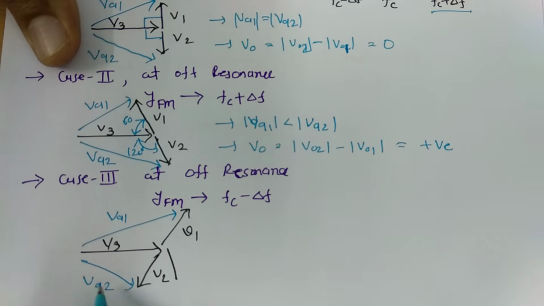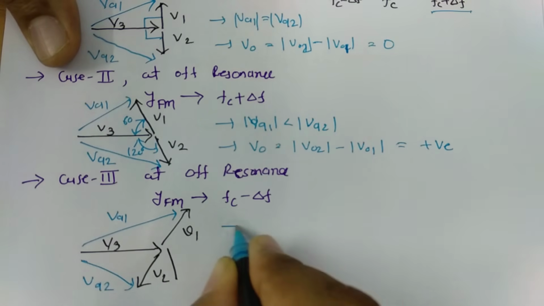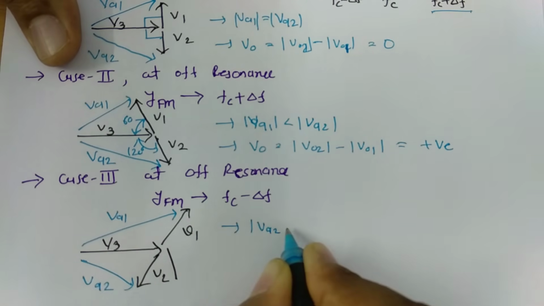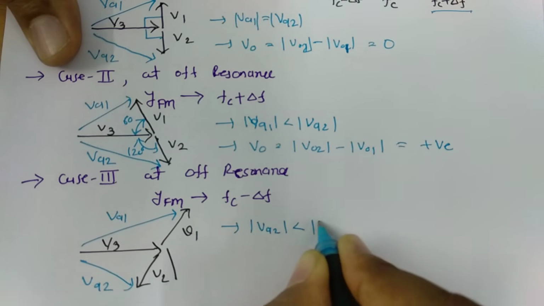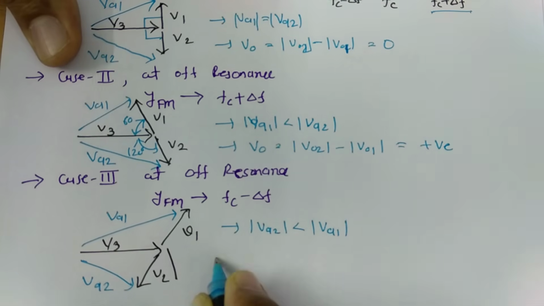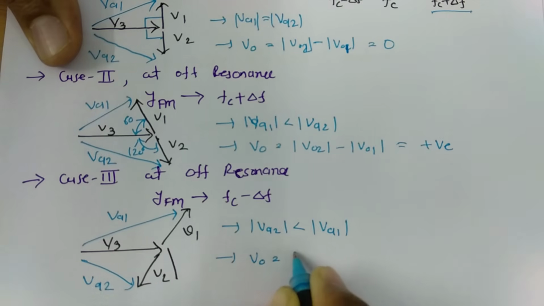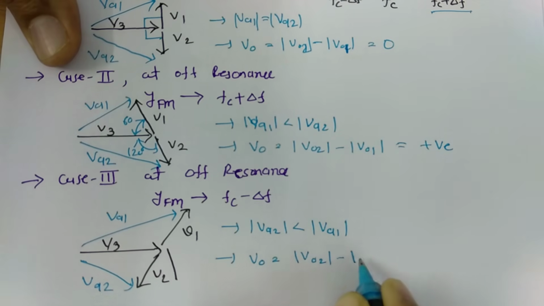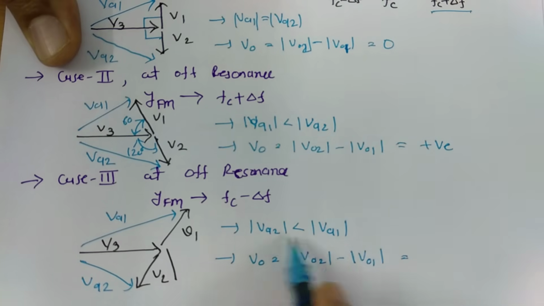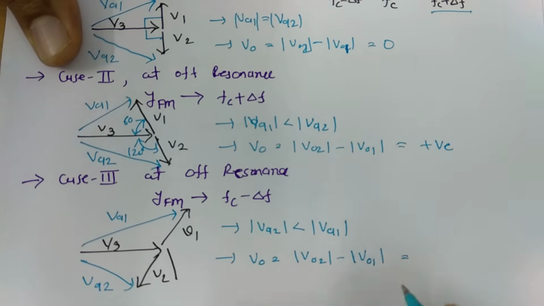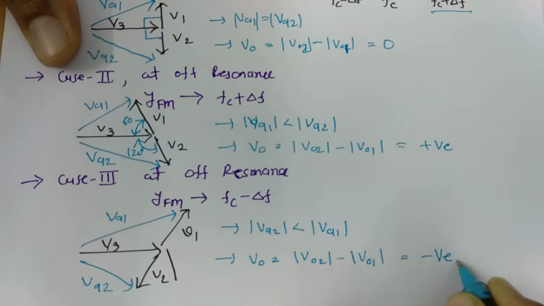So obviously VA2 is less than VA1. In this case, as our output is V02 minus V01, one can see VA2 is less than VA1, so this value has to be negative.